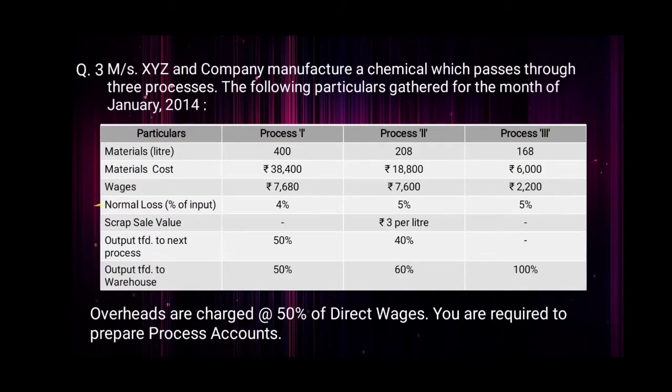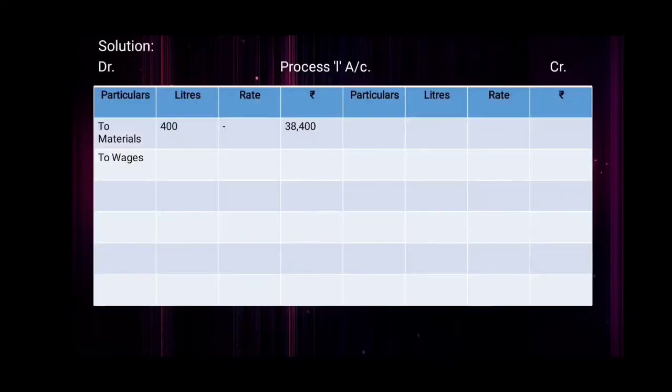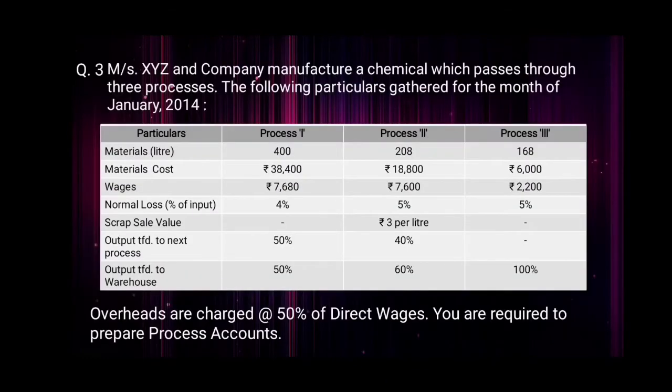Next, wages, 7,680 for process 1. To wages, amount is 7,680. Now we have overheads which is charged at the rate of 50% of direct wages.